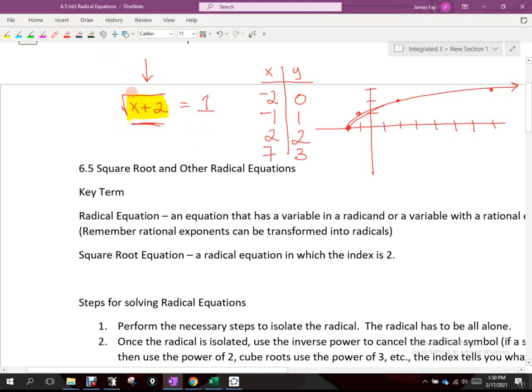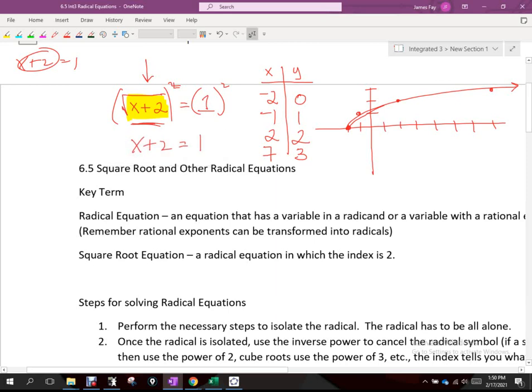I need to square both sides. So we use the inverse operation. Much like, if it was just x plus 2 equals 1, you would subtract 2 from both sides, right? Well, that's the inverse operation of the addition right here. Before I can do that, I need to get rid of the radical. So we use the inverse of the radical, which is to square things. So I'll square both sides, and it leaves me x plus 2 equals 1. Does that make sense? So now this is a new equation ultimately.